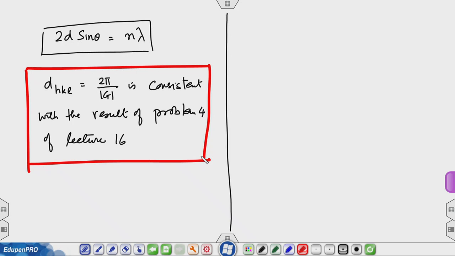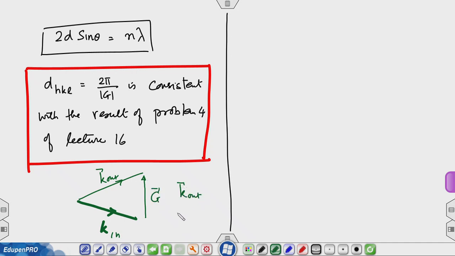Now, how do I show that n lambda? See what has happened in this case is I brought in a k, and this got out in k out, k in, and this was G. And this gives you k out equals k in plus G, and this deflection is 2 theta.